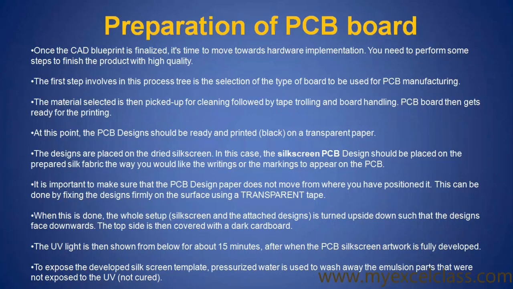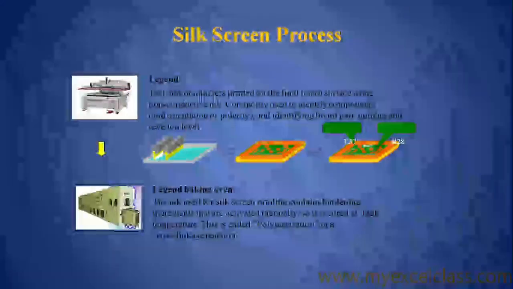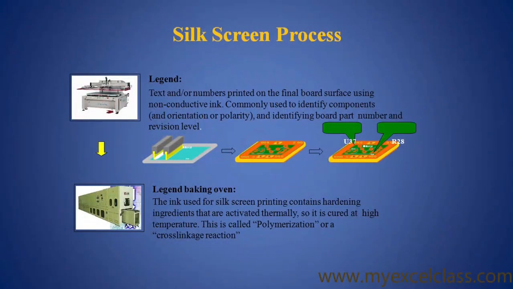If you want to make your PCB high quality, I already told you the step by step process: 32 steps or more are required for a good quality PCB. These are the steps used, I already showed you: the silk screen process, the soldering mask process.